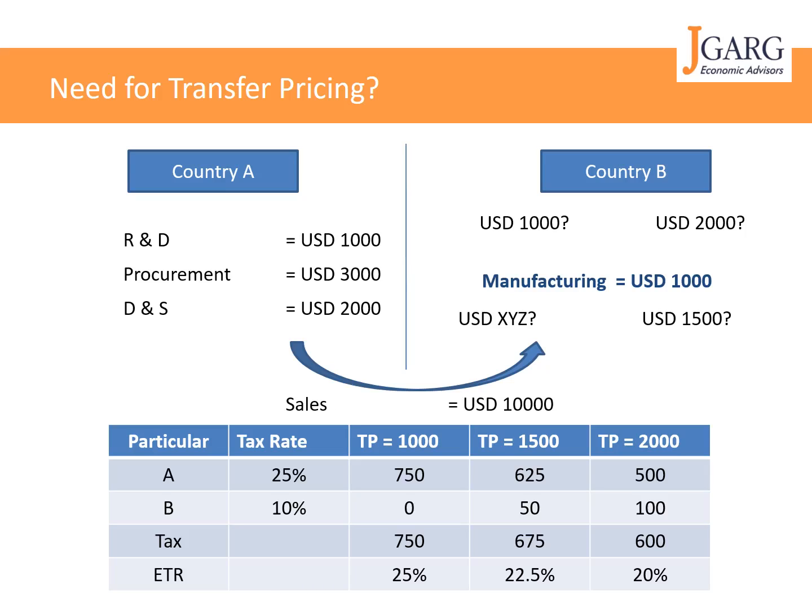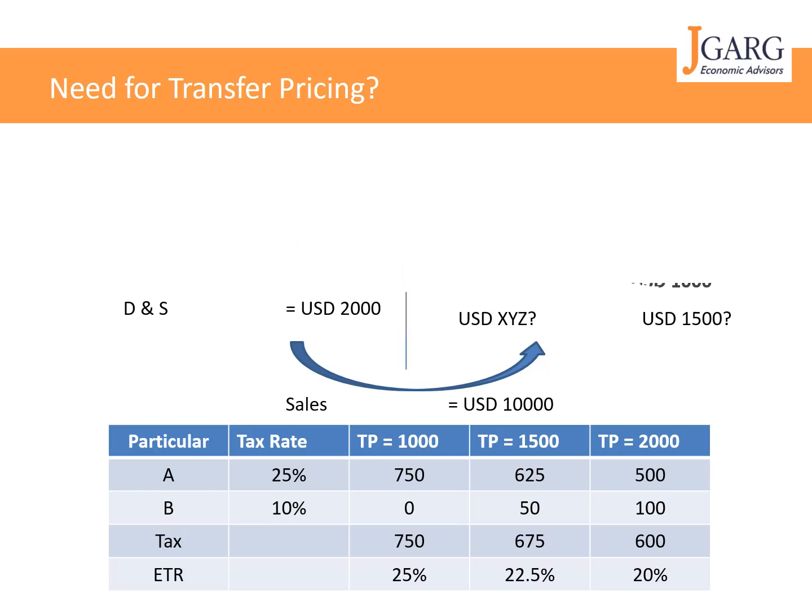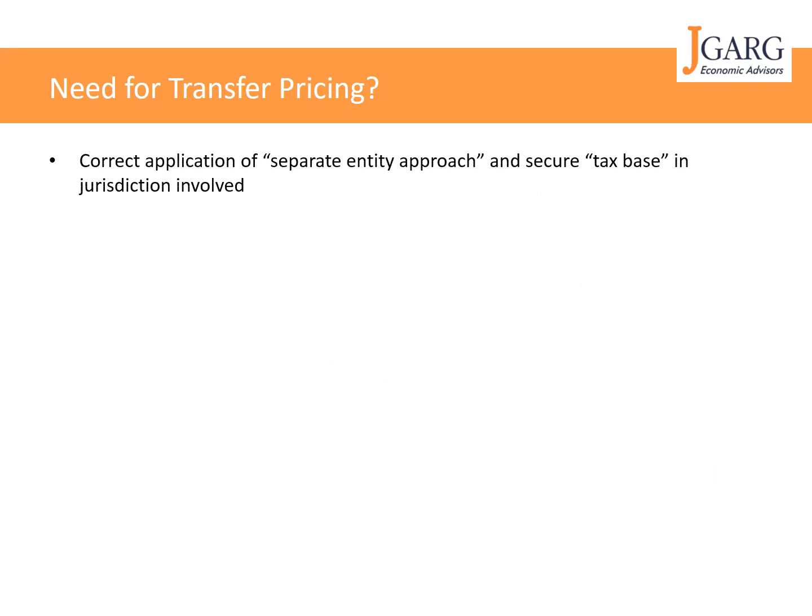The tax authorities across the globe tend to use this transfer pricing concept or regulations primarily to protect their tax base. So by adoption of transfer pricing regulations, it assists in the correct application of the separate entity approach and secures the tax base in the jurisdictions involved.